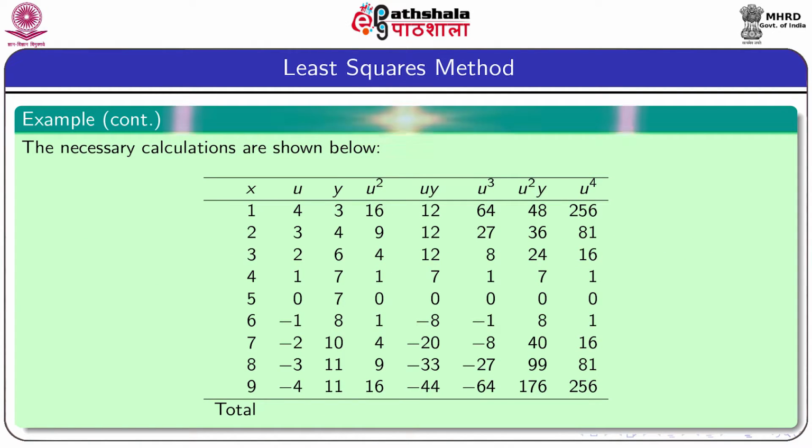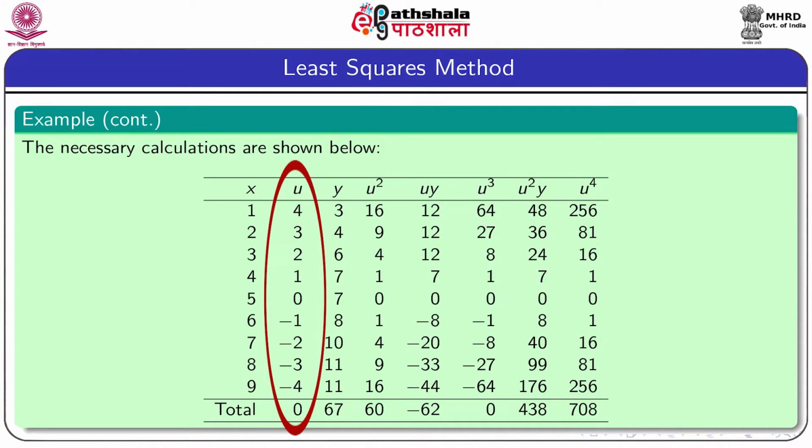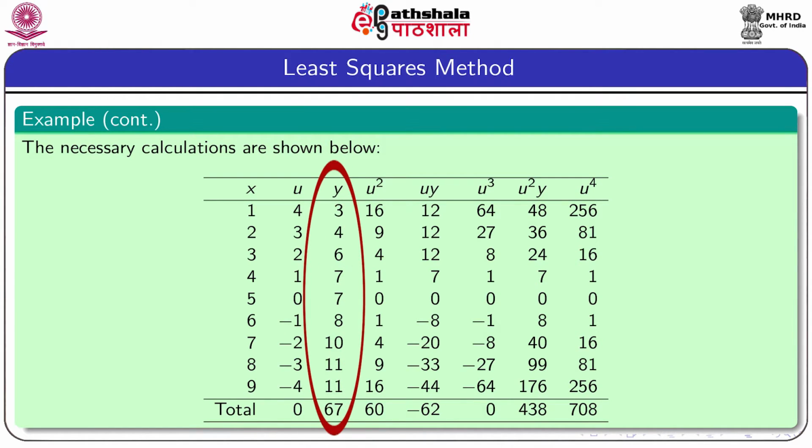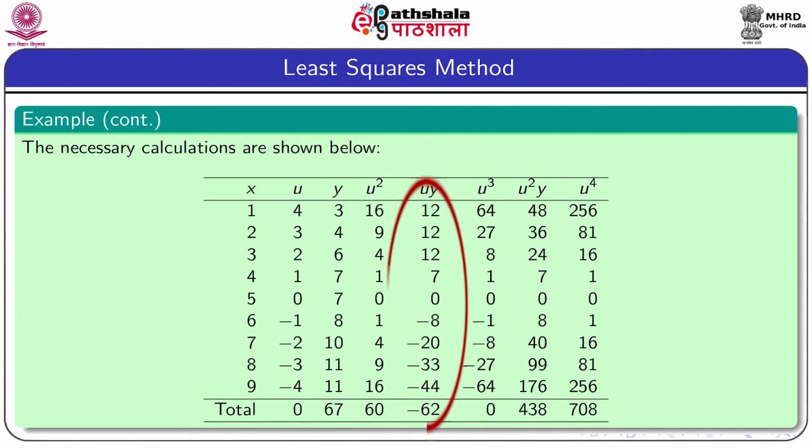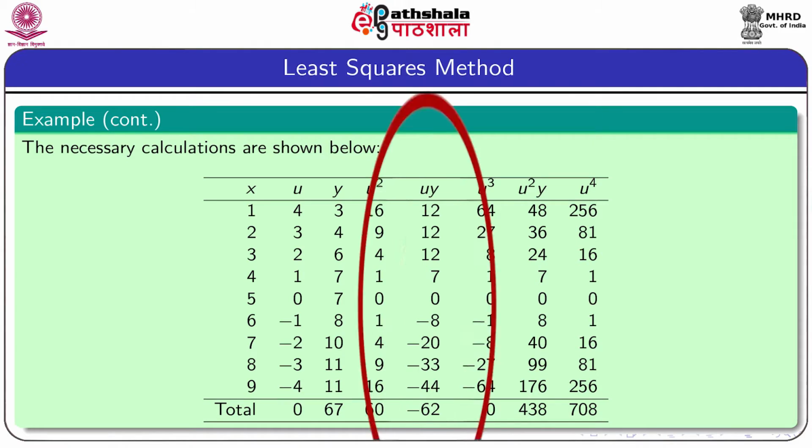Now all the calculations are shown in the following table. That means the first column represents the values of x, the second one represents the value of u, the third one is y and so on. And the sum of the values of u is 0, sum of y is 67, sum of u² is 60, sum of uy is −62, Σu³ is 0, Σu²y is 438 and Σu⁴ is 708.